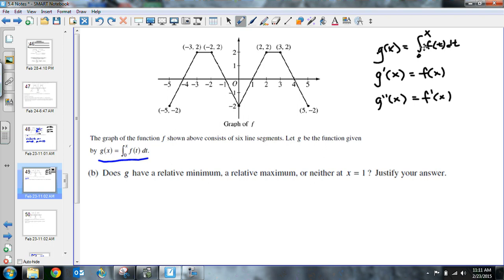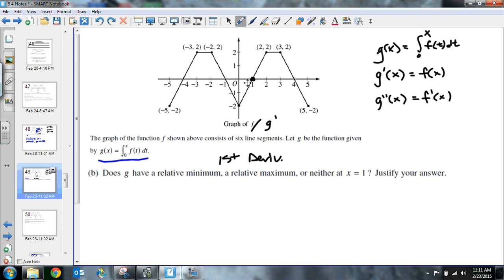Anytime I have a function like this, I want to take its derivatives and write them out. Okay, so not only is this a graph of f, but this is also a graph of g prime as well. So it wants to know, does g have a relative minimum or maximum at x equals 1? Well, here's 1. And this is really a graph of g prime, meaning I can do the first derivative test and answer this question.